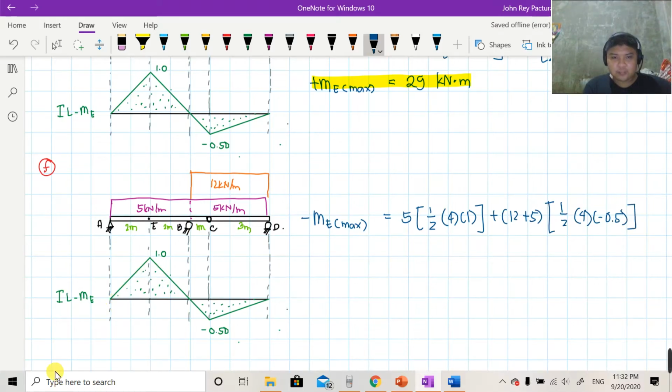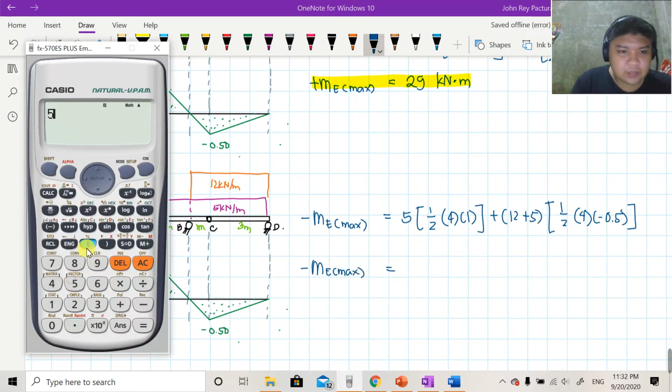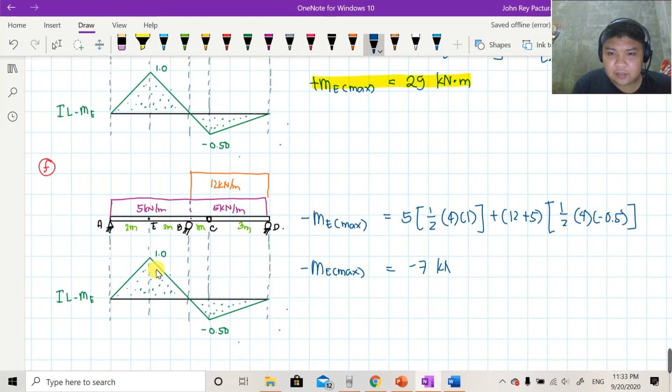So kumpitin mo na lang siya for the maximum negative moment at E. So 5, then 1 half times 4 times 1, plus 12 plus 5, and that will be 1 half times 4 and negative 0.5. Okay, so ang sagot natin is negative 7 kilonewton meter.